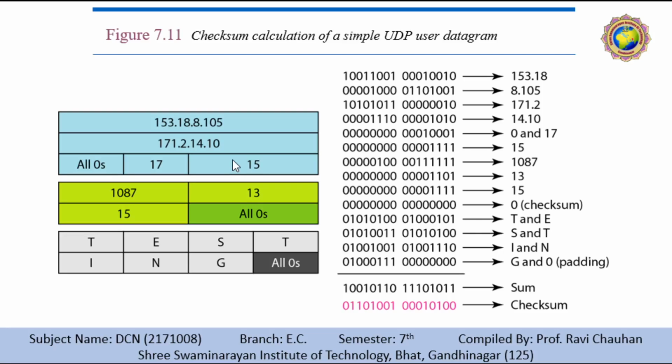Because the number of bytes of data is odd, padding is added for the checksum calculation. The pseudo header as well as the padding will be dropped when the user datagram is delivered to the IP.